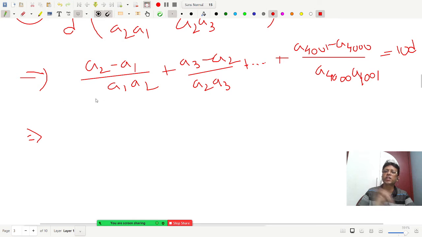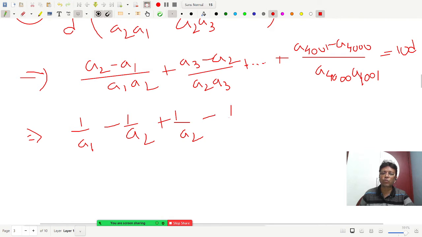Now if you split into two parts, A2 by A1 A2 and A1 by A1 A2, that's going to be 1 by A1 minus 1 by A2 plus 1 by A2 minus 1 by A3 and so on. You split all the terms, and on the right you have 10D.